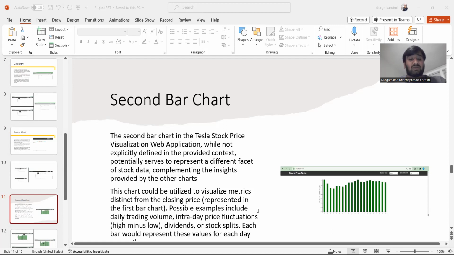Possible examples include daily trading volume, intraday price fluctuations, dividends, or stock splits, and event-driven data representation. Another potential use could be to highlight specific financial events or news impacting Tesla stock, such as announcements of new products, quarterly earning reports, or market news.